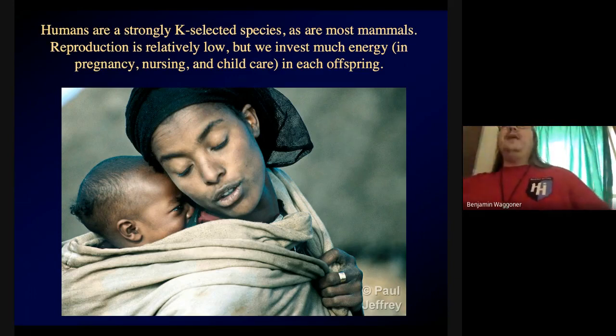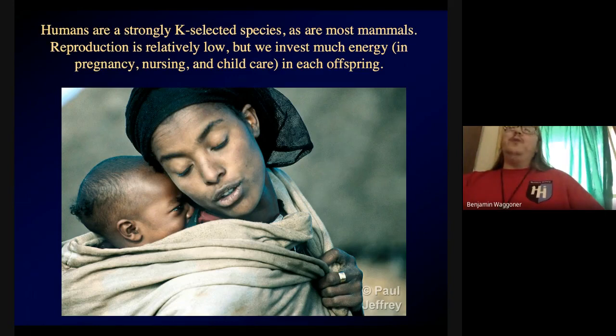And you can have in-betweens. It's not like every species is either one or the other. These are more two ends of a continuum, but many species can fall at various points in the middle. And as to which one is right or not, it all depends on what environment you're in. Oysters reproduce in ways that have worked for many millions of years for oysters.